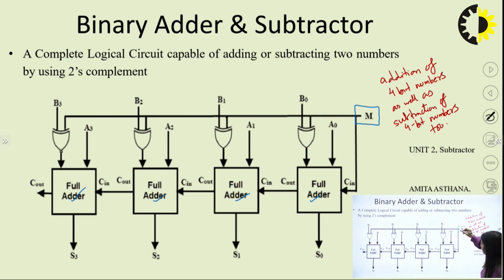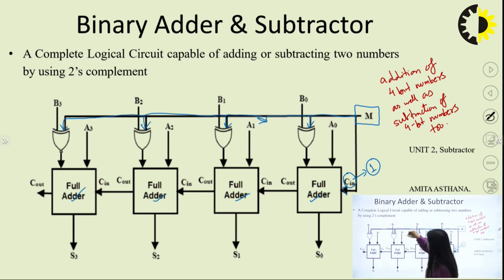So this m is input to the carry in, number 1 important point, and also this m goes to each full adder by using 4 XOR gates, right?